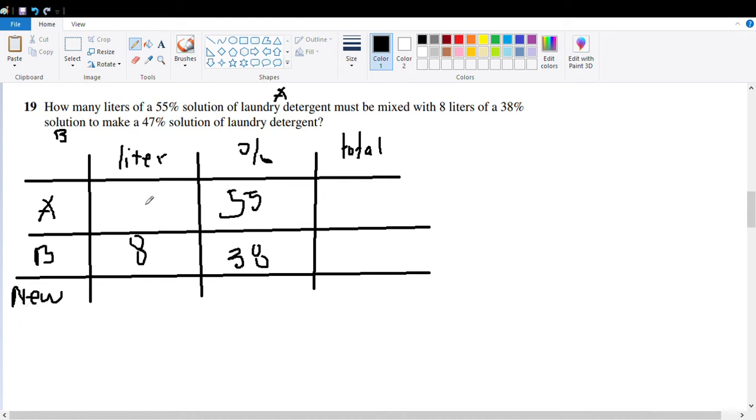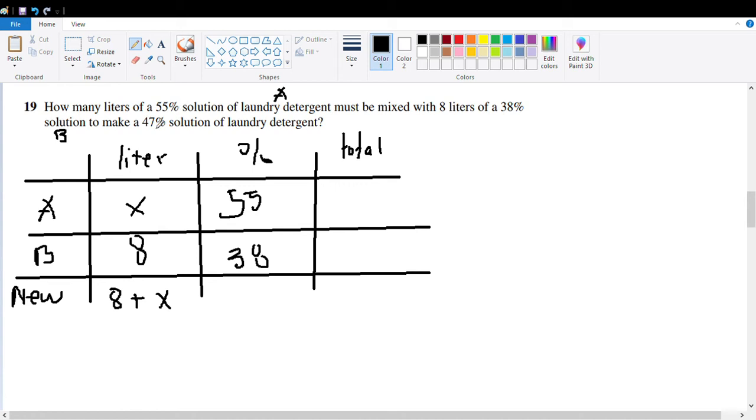Well, since it's missing, we'll say it's X. And since the new solution is a mixture of A and B, the amount of new detergent is going to be 8 plus X.